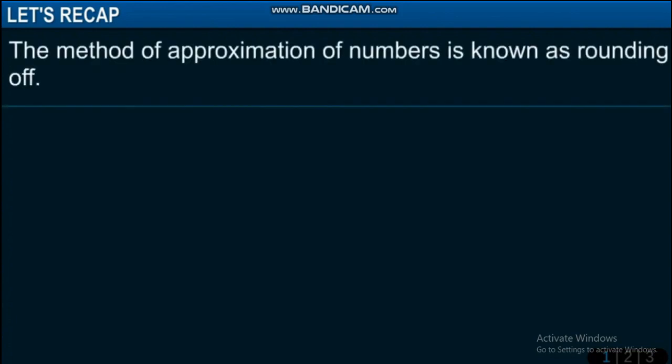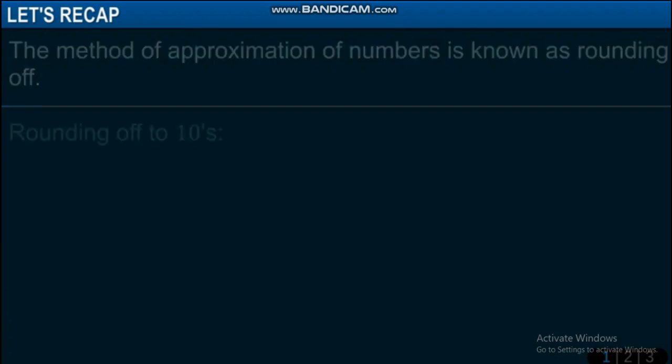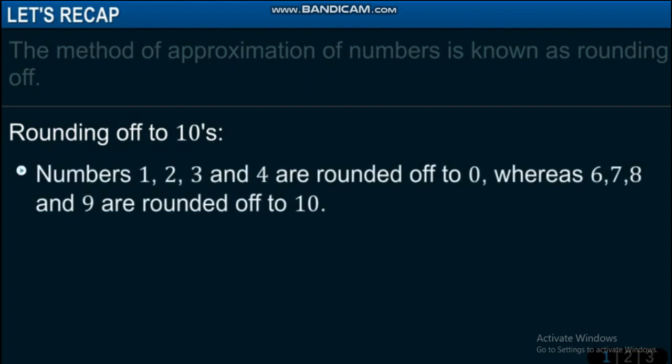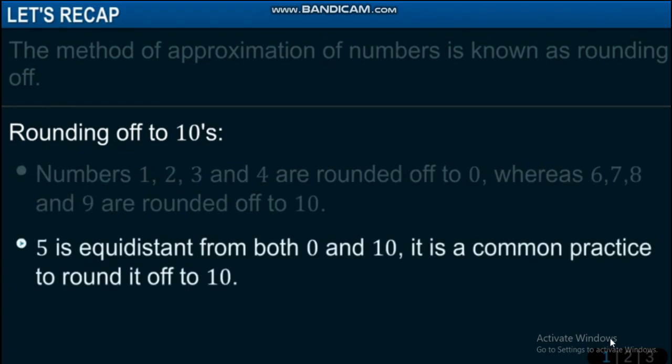In this module, you learnt that the method of approximation of numbers is known as rounding off. While rounding off to tens, numbers 1, 2, 3 and 4 are rounded off to 0, whereas 6, 7, 8 and 9 are rounded off to 10. 5 is equidistant from both 0 and 10, so it is a common practice to round it off to 10.